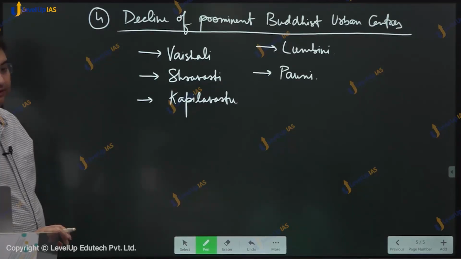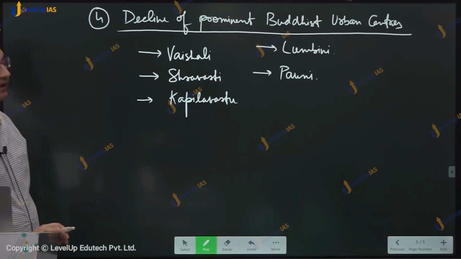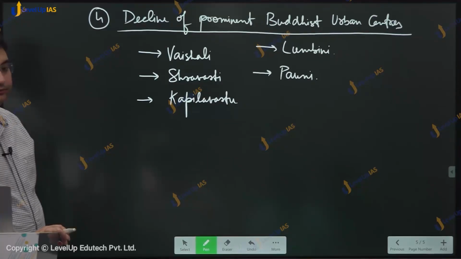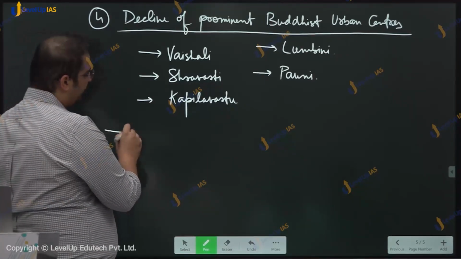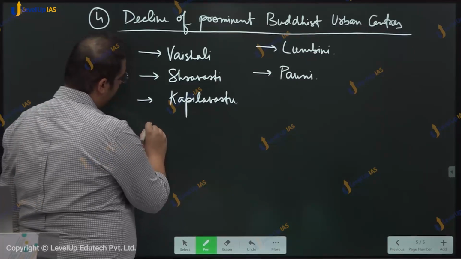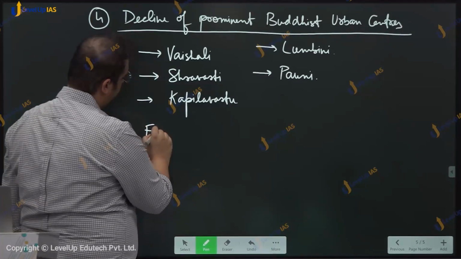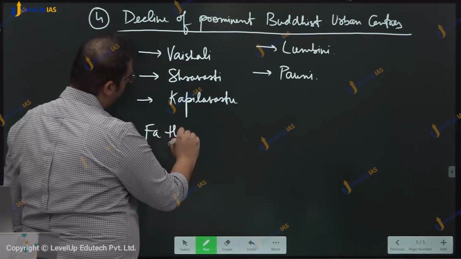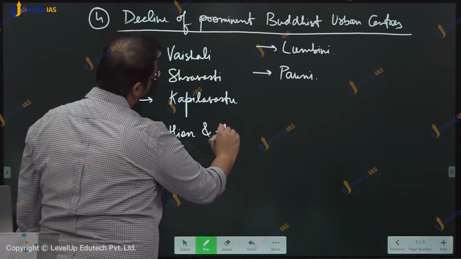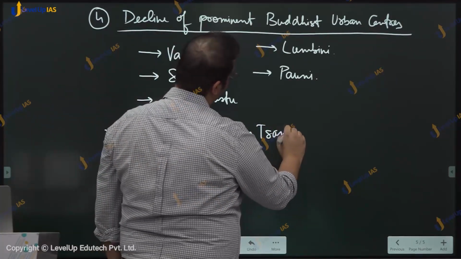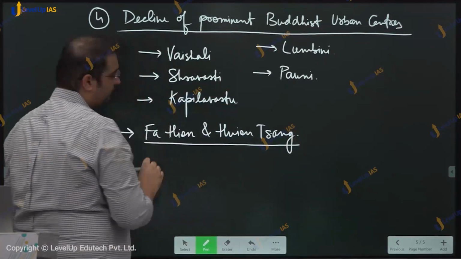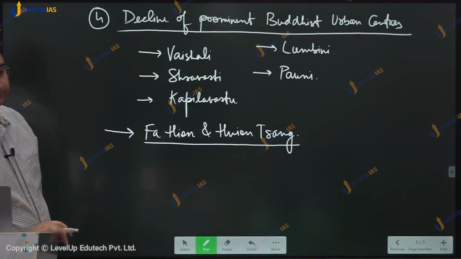This information is attested to by Chinese travelers such as Fa Hien and Hiuen Tsang. Full stop.